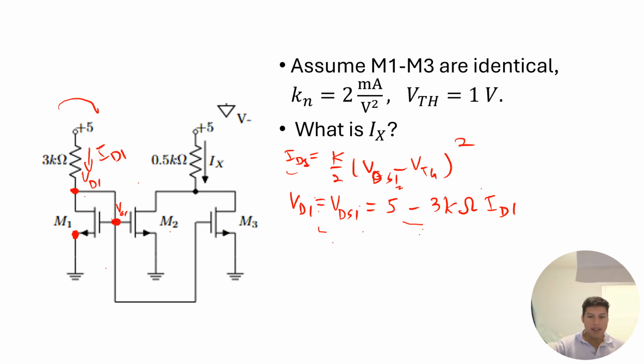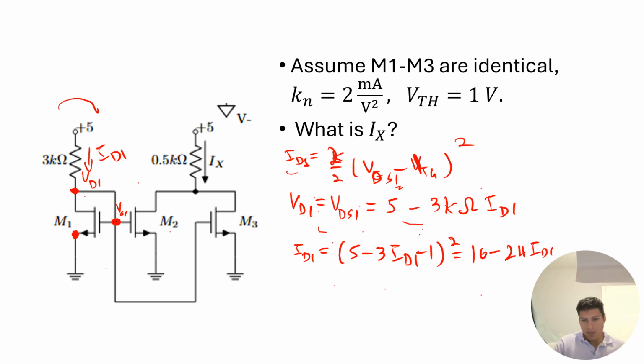In particular, K is 2 and V threshold is 1, so we get that ID1 will be equal to (5 minus 3 ID1 minus 1) squared, and that's going to give us 16 minus 24 ID1 plus 9 ID1 squared.